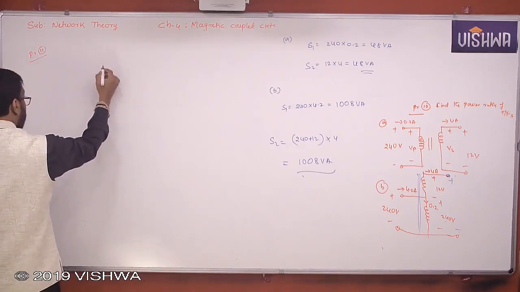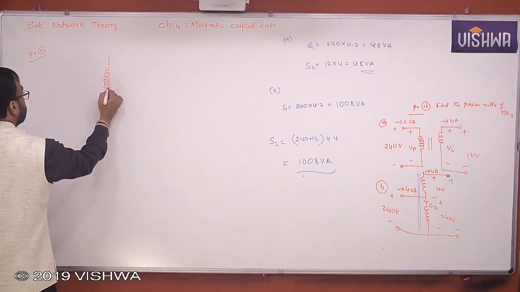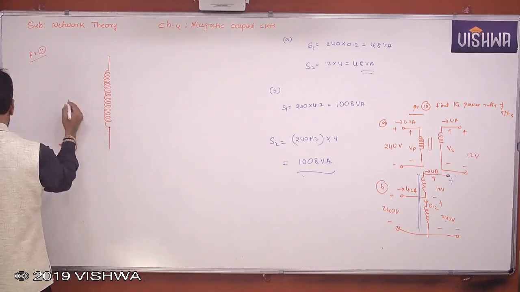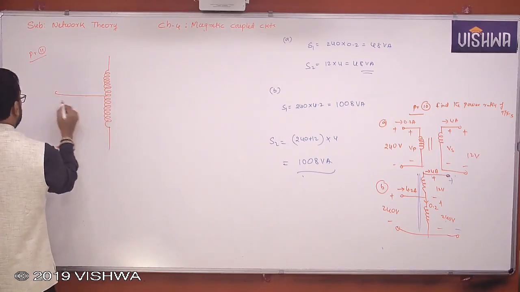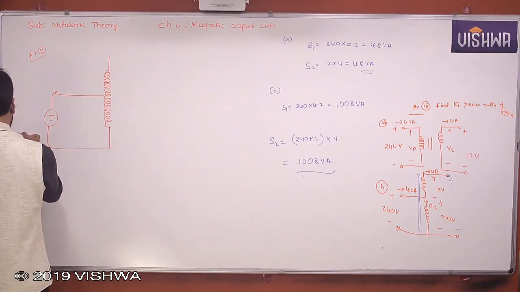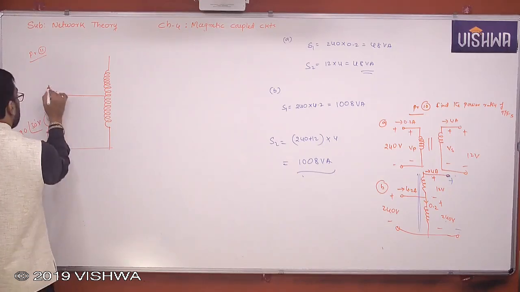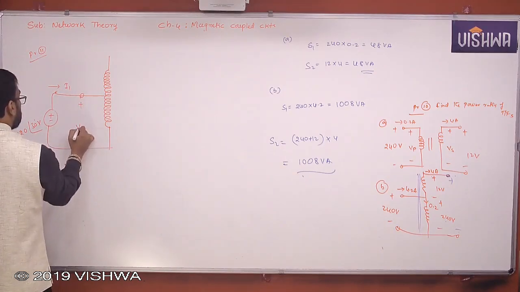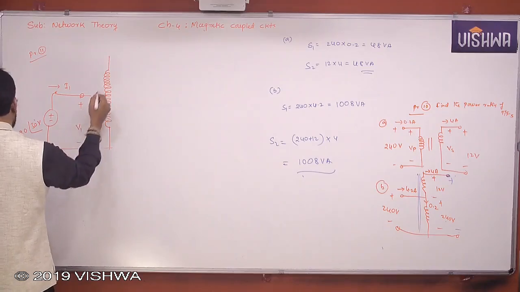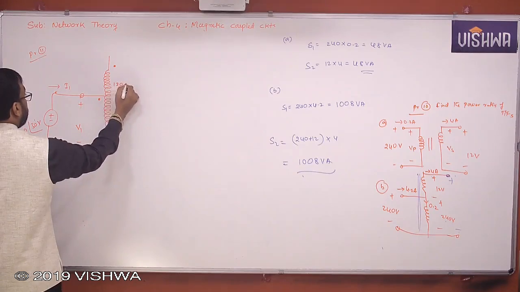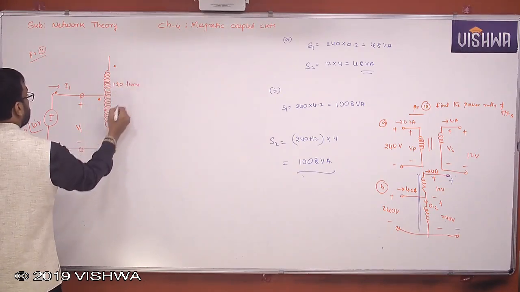The auto transformer itself again. Plus minus 120 at an angle of 30 degrees volts, RMS value. This is I1. No, he said it is V1. But this is a dot. Now here is a dot. This is 120 turns. This is 80 turns.